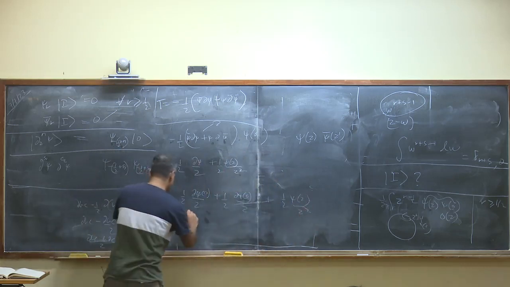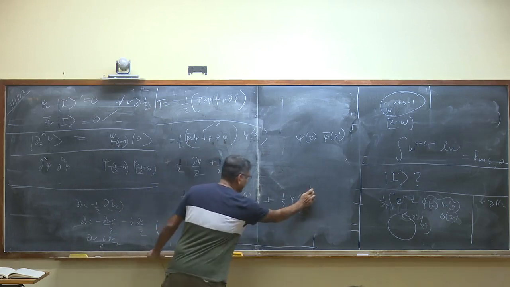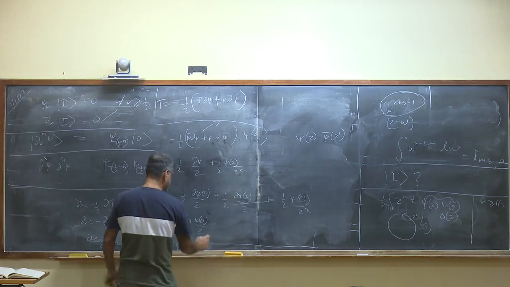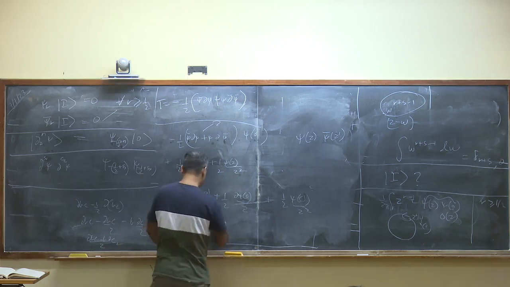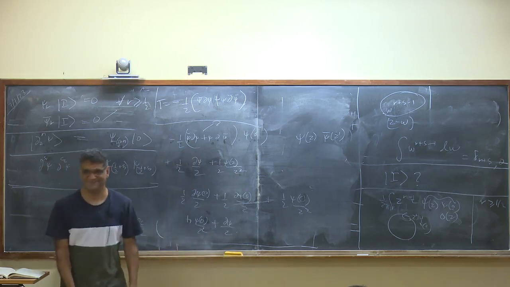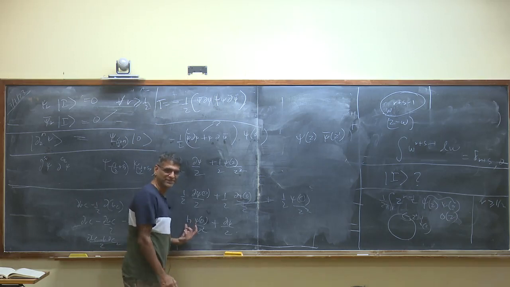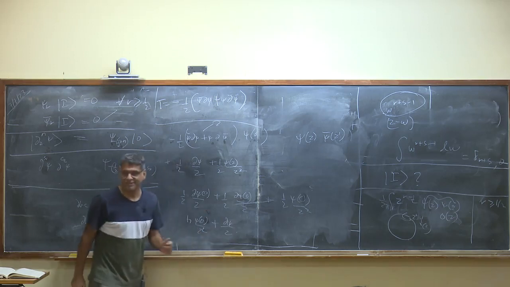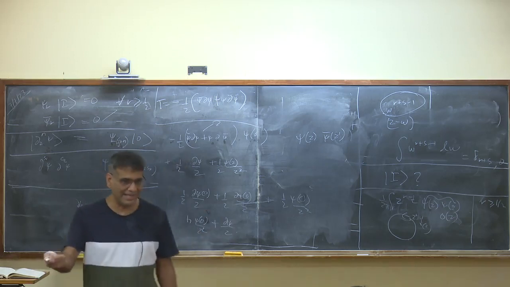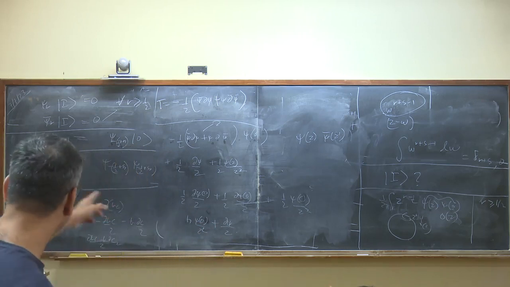So this is equal to h psi of 0 by z square plus del psi by z, where h is equal to half, is the holomorphic spin. So we see that this has exactly the right form of the OPE for the stress tensor with a primary operator of dimension half.